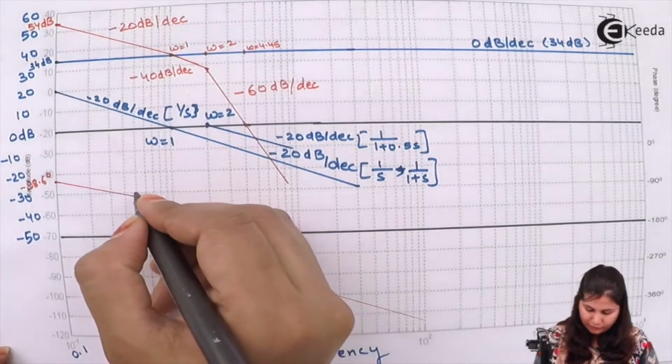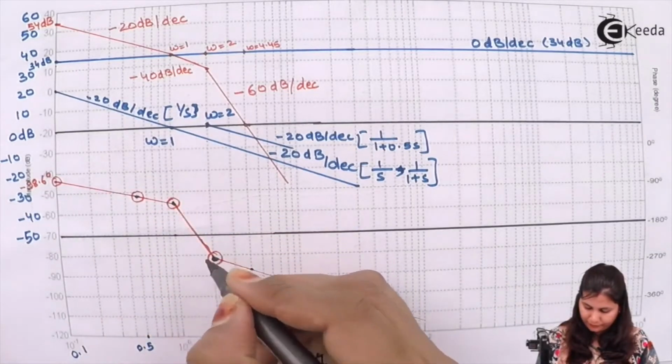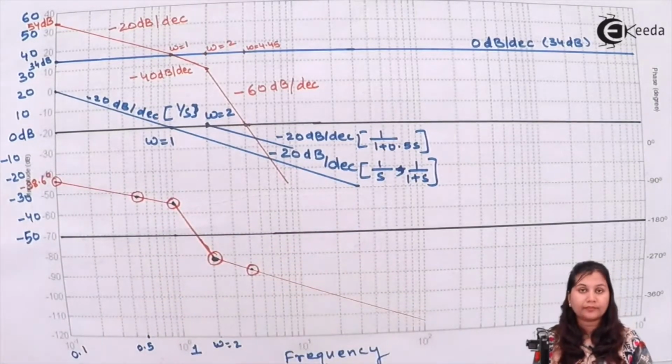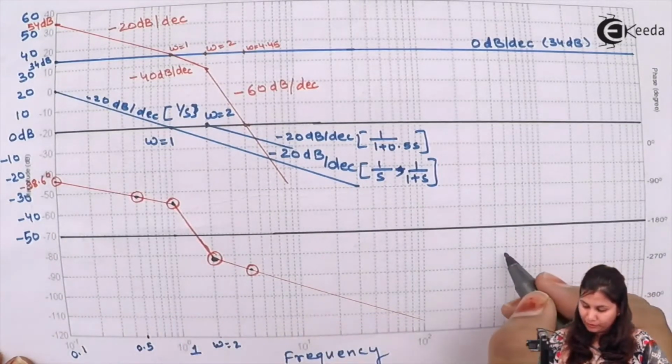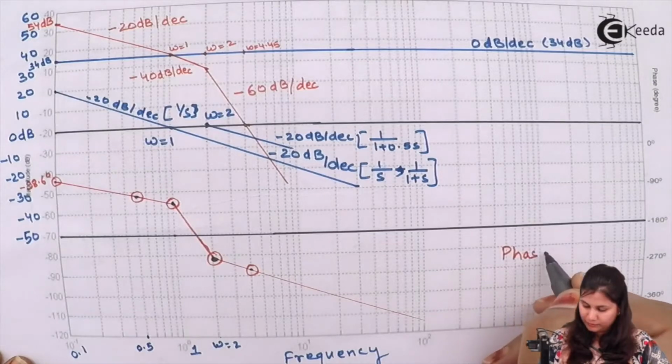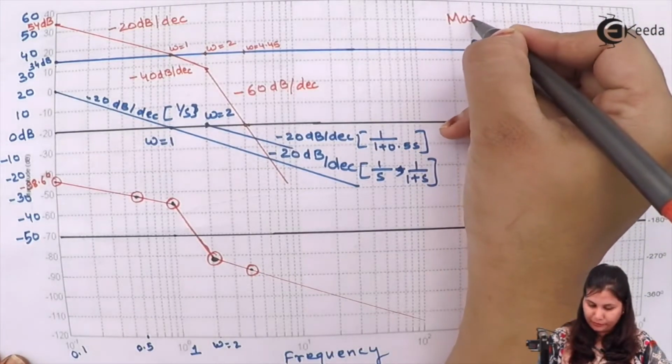We have marked all the points. Now this is our phase plot and this is our magnitude plot.